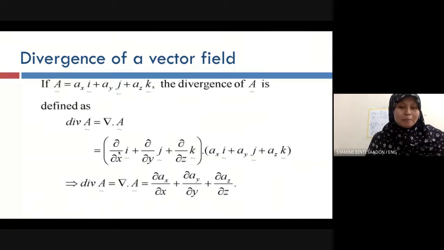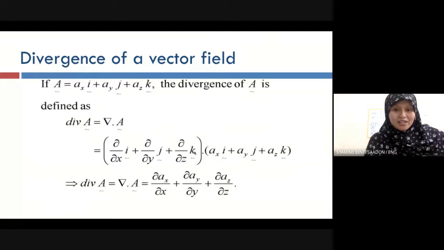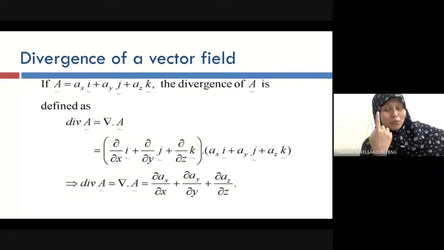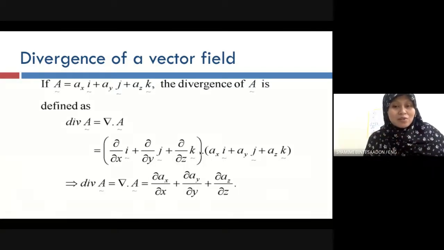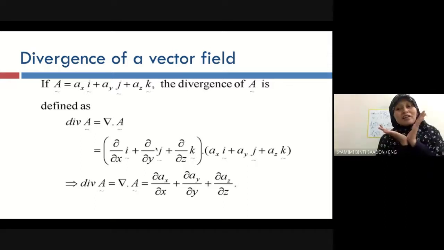for example, we multiply the partial derivative of x with ax. So I multiplied with I becomes 1. The magnitude becomes 1, right? I multiplied with I, the same direction, will become 1. So that's why we have this component. And then if you multiply this one with AYJ, I and J are orthogonal, perpendicular, so I and J will become 0.